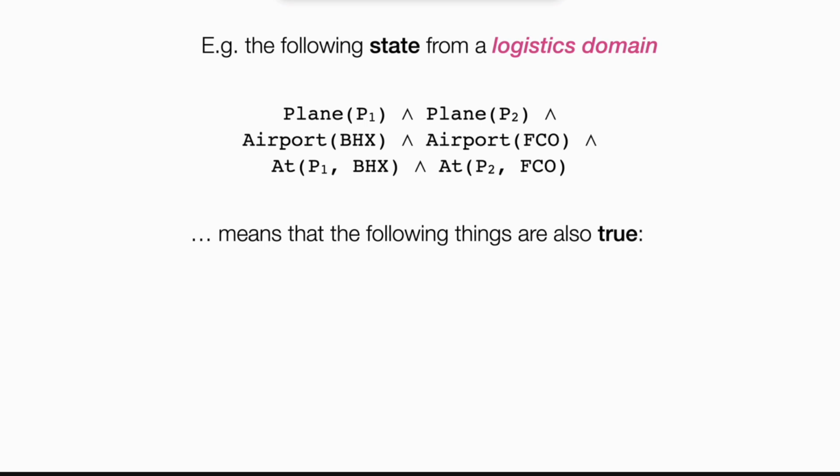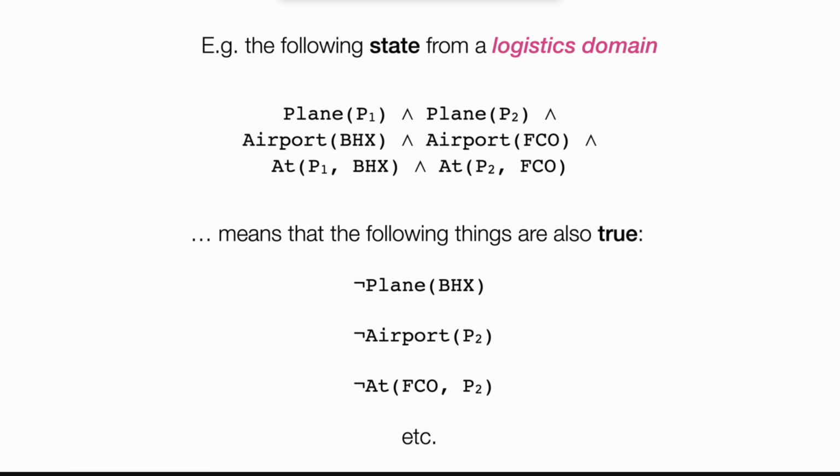Now remember, we only express things that are true. So we express that P1 is a plane, P2 is a plane, BHX and FCO are airports, P1 is at BHX and P2 is at FCO. So this also means that the following things are true. Basically, anything that is not positively expressed, we assume to be false.